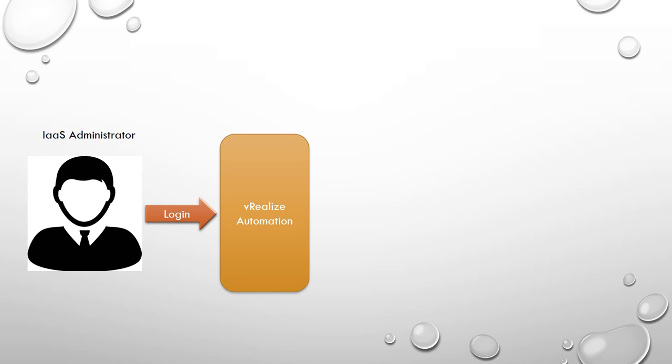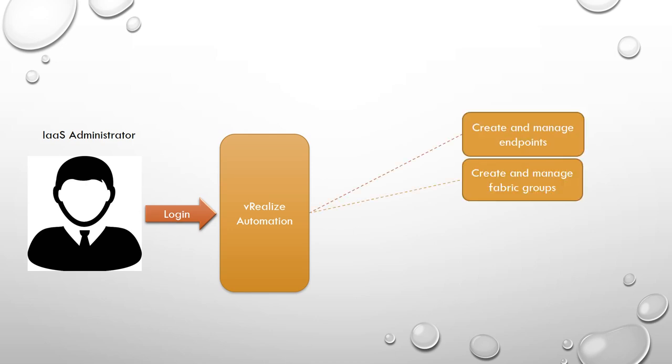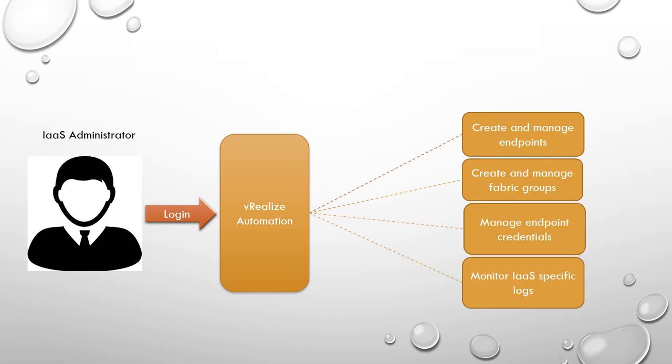So, if you were to sum up the set of responsibilities that the IaaS administrator has, you could say that they create and manage endpoints, they create and manage fabric groups, they manage endpoint credentials, and they monitor IaaS specific logs.